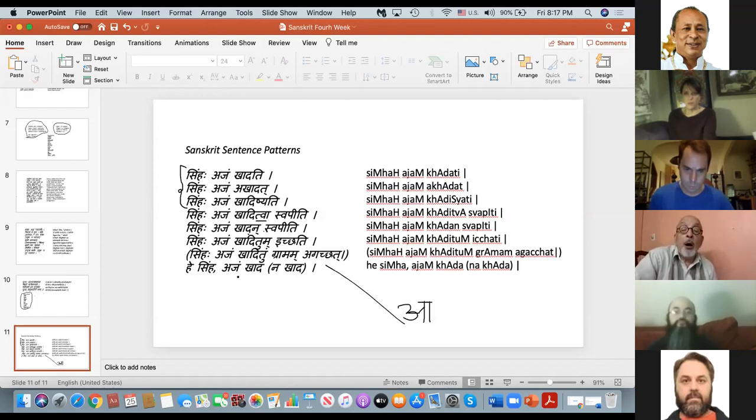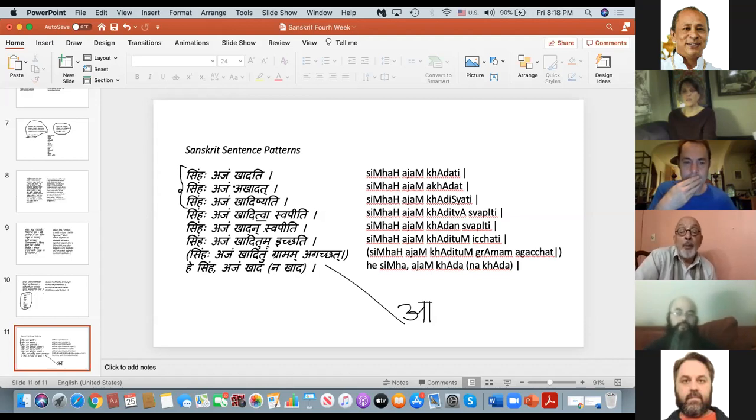So, hey Simha, Sanskritam vada. You can say that. Do you know what I mean? Hey Simha, Sanskritam vada. Vada means speak, right? Okay, here, if you turn into vadati, Simha Sanskritam vadati, right? Simha speaks Sanskrit.